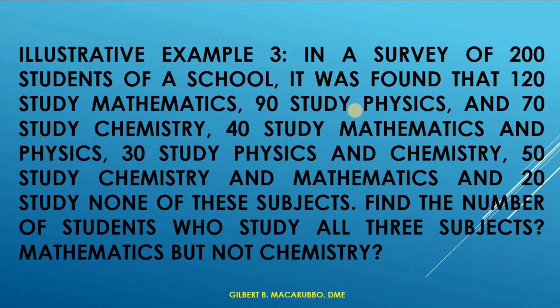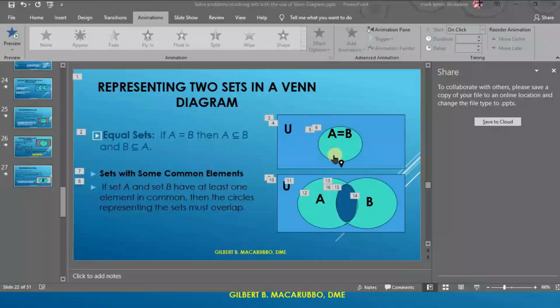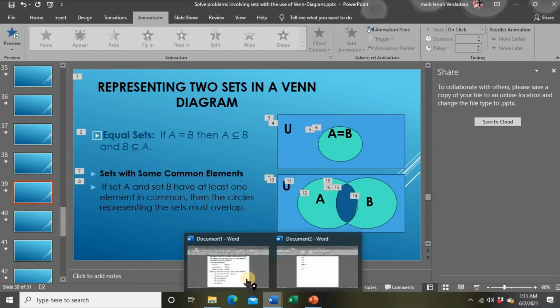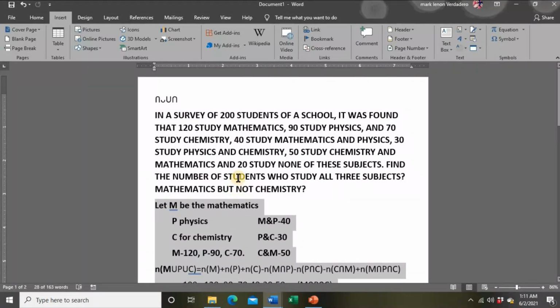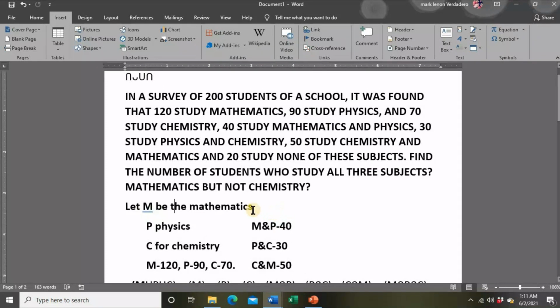Okay, so una, syempre isosolve muna natin. Okay, so ito yung ating problem. So, we let M be mathematics, P for physics, C for chemistry.